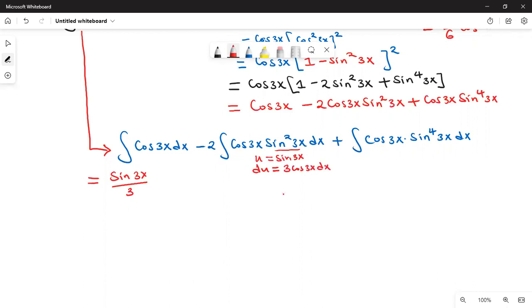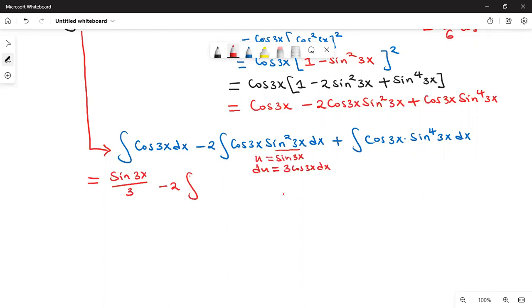So that integral will now, remember it is minus 2 times that integral, which is now the same as the integral of, look at cos 3x dx, that is du, so there's 3 somewhere.